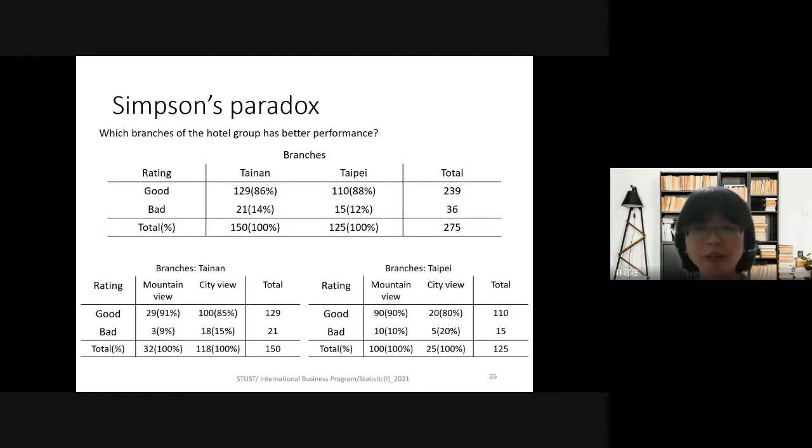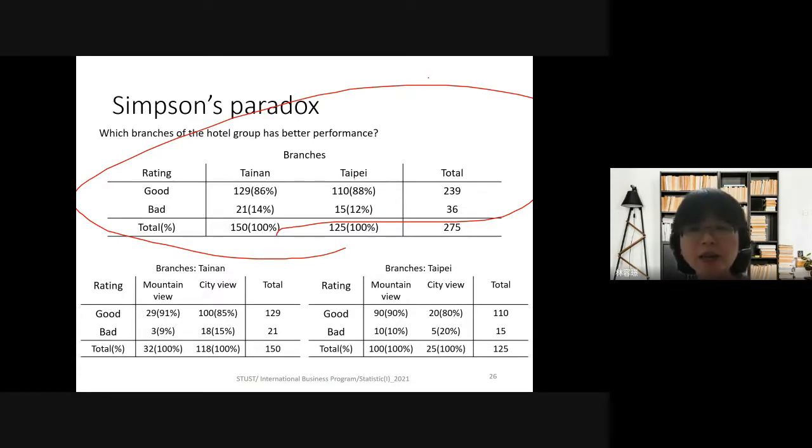For example, there is a hotel with branches in Tainan and Taipei. If we only look at such aggregate data, based on the satisfaction rating, Taipei seems to be liked very much and Tainan seems to do badly, comparing the percentages 14 and 88.